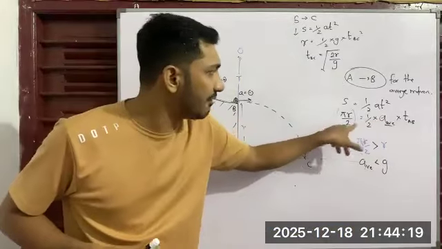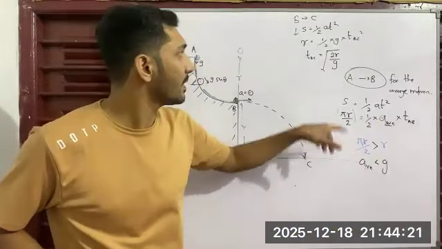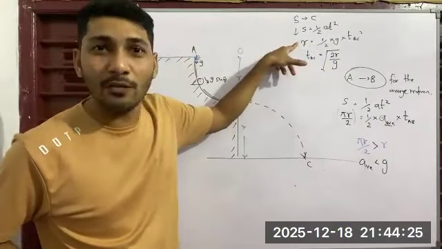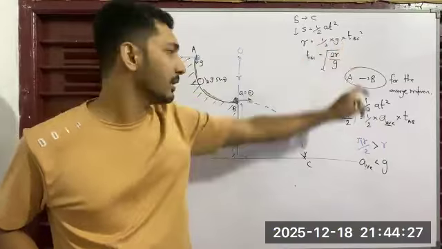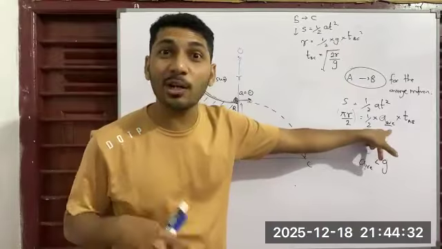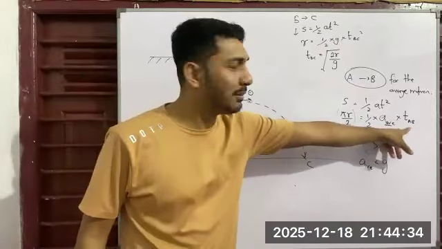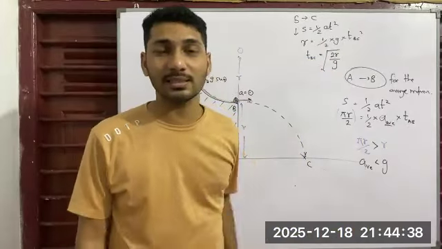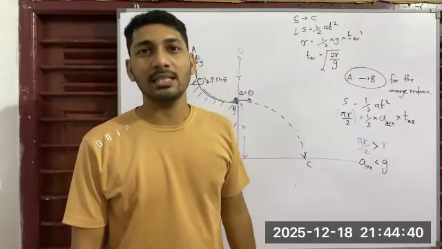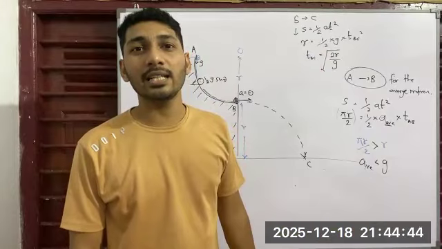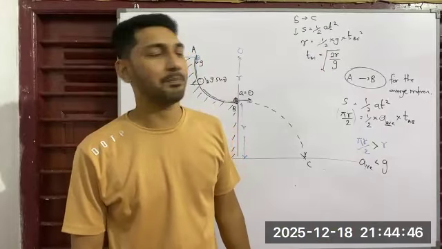Now, when this comes and divides, think about it. R is a smaller value, g is a bigger value. This is a bigger value, this is a smaller value. So definitely the time TAB will be greater than TBC.